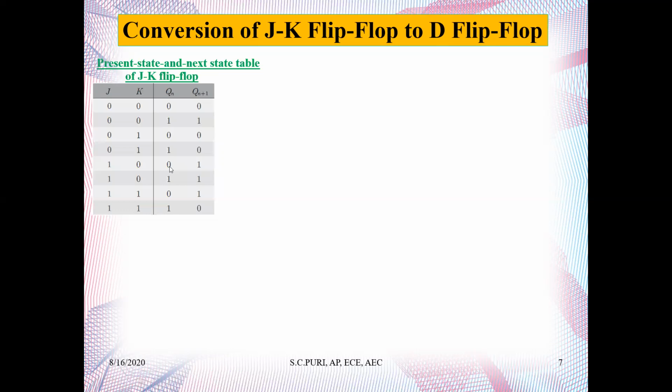So if Q1 is 0, then it will be set to 1, and 1 to 0, if Q1 is 1, it is still 1 because it is a set condition. Whereas 1 to 1, when Q1 is 0, it will be toggling 1, and when Q1 is 1, it will be toggling 0. So this is the present state and the next state table.